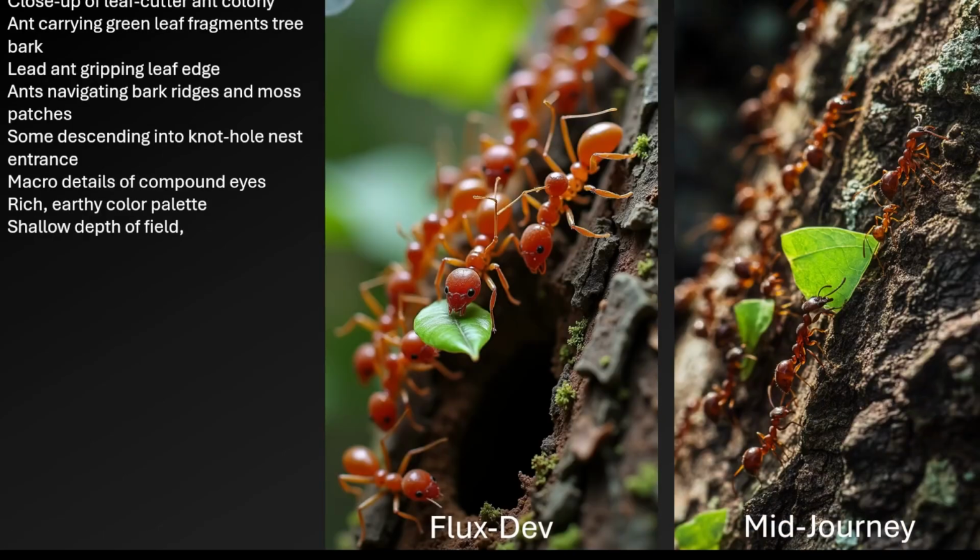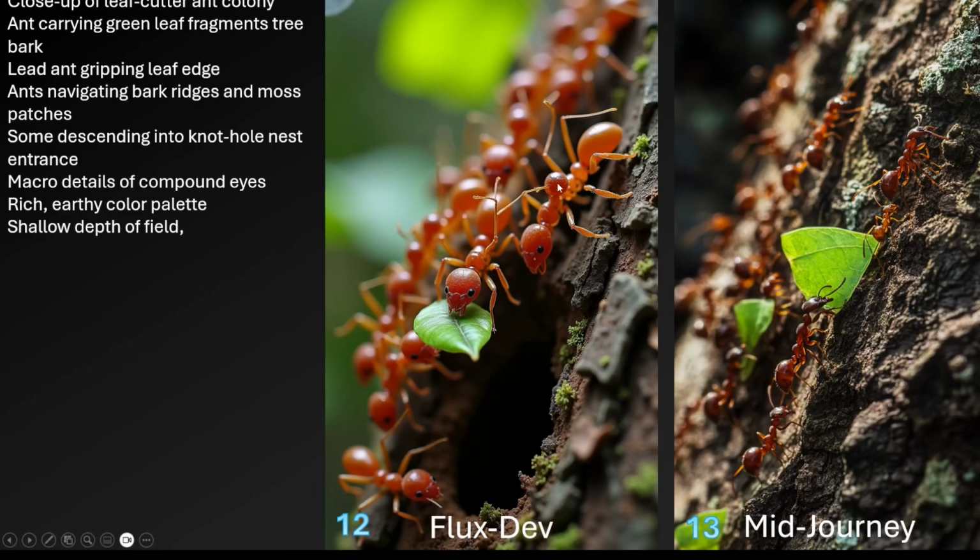Next image is of ants navigating on a bark and carrying a leaf. Here the point went to MidJourney. This literally looks like an image from National Geographic or something, and Flux here generated a more CGI concept image. Nevertheless, I really like the details. It missed some limbs here.